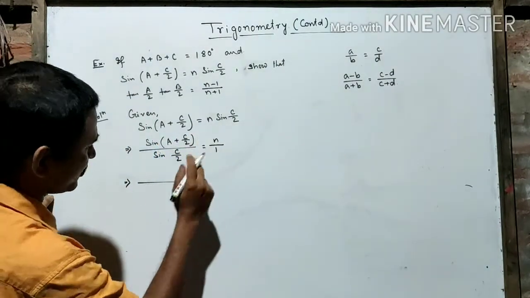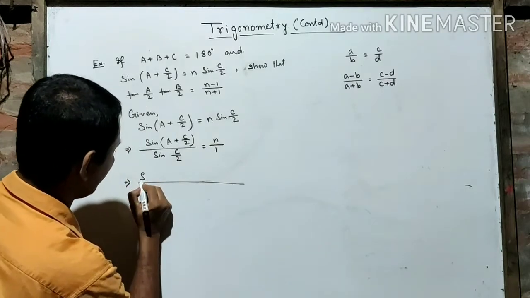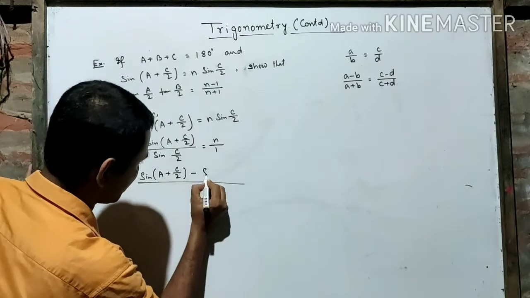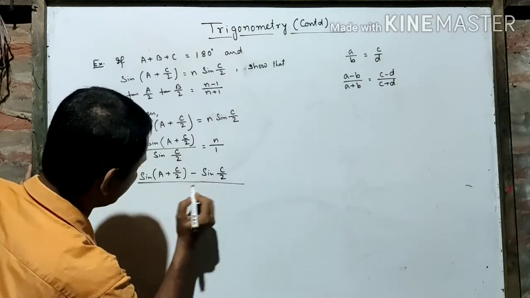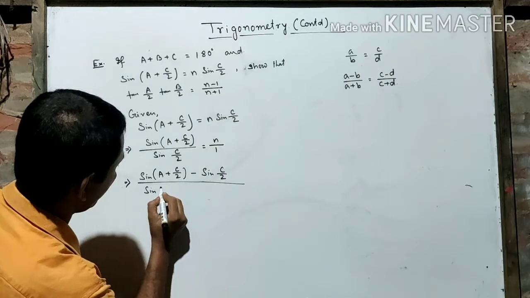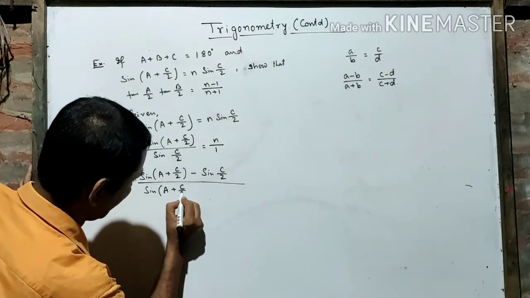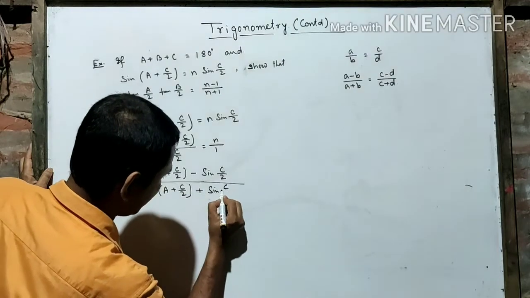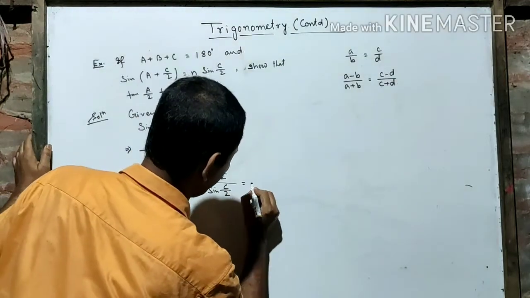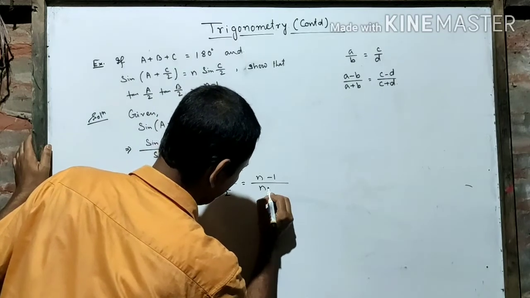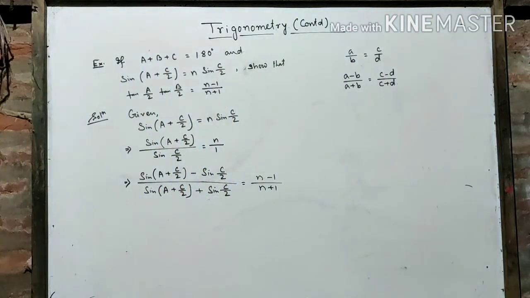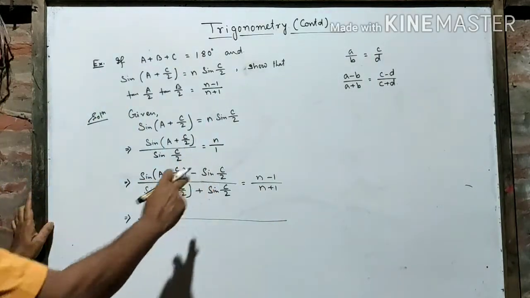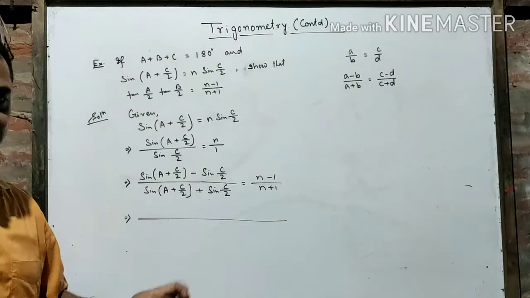A by b is equal to c by d. Therefore, sine of A plus C by 2 minus sine C by 2 divided by sine A plus C by 2 plus sine C by 2 is equal to n minus 1 by n plus 1. Now we apply the formula sin c minus sin d, sin c plus sin d.